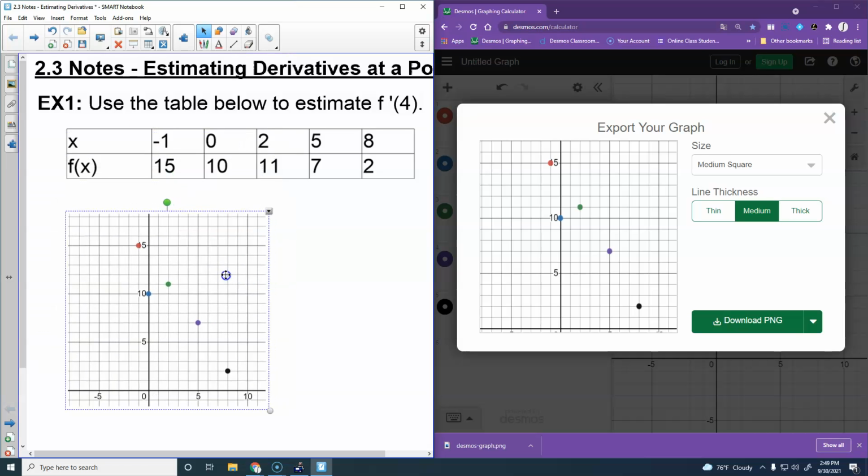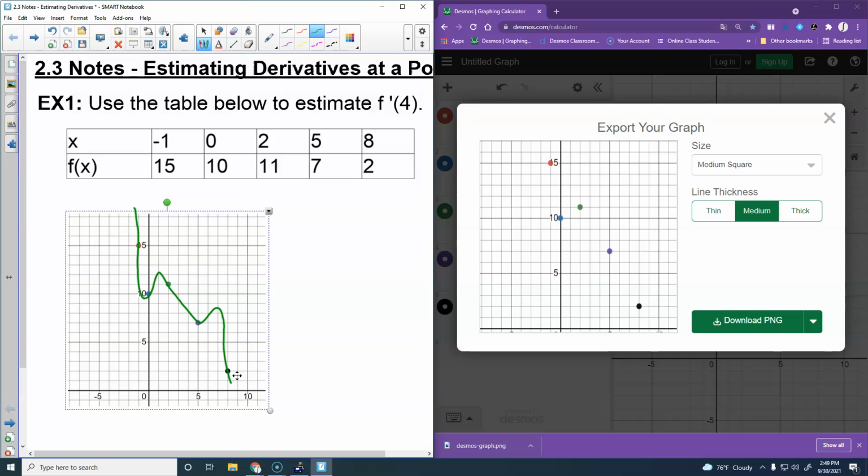Okay, so they have only given us points, so we don't know exactly what happens with this graph. We do know that this point right here is making things crazy, right? The graph might look something like this, it could do crazy stuff. We don't even know what it does.